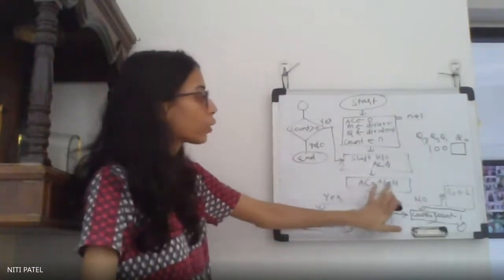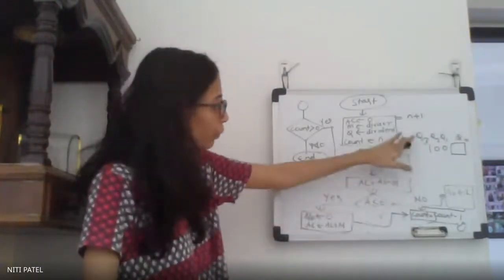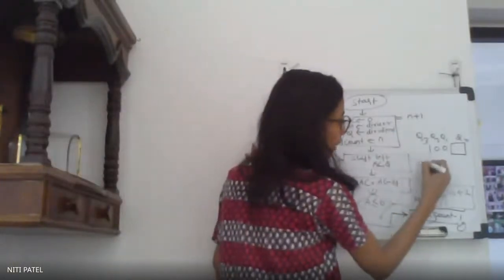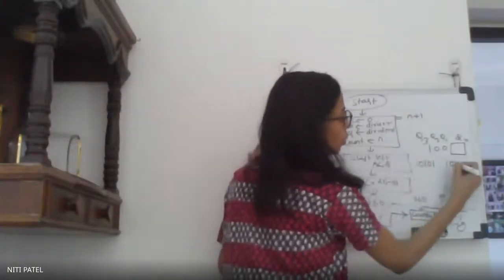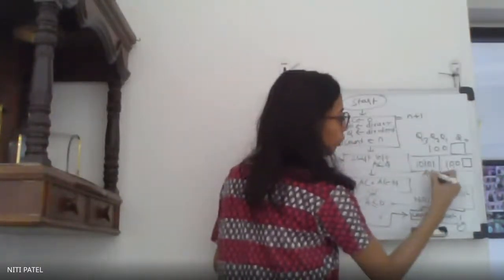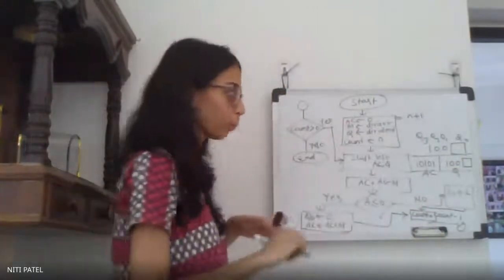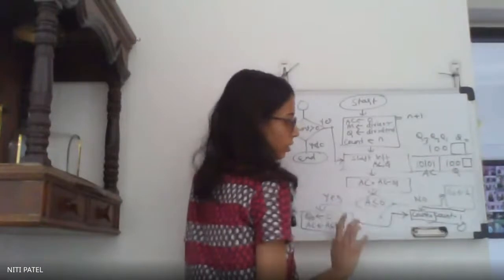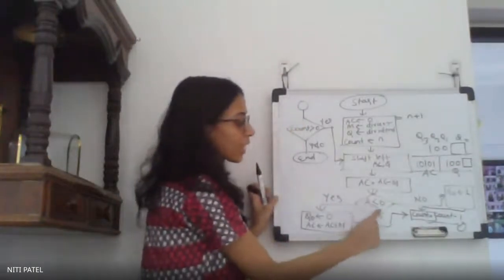Perform AC = AC - M. After you perform that, you will get something like this, say suppose 10101, 1000, and this field blank as it is, where this is the content of AC and these are the contents of Q. Now A is less than or equal to 0.